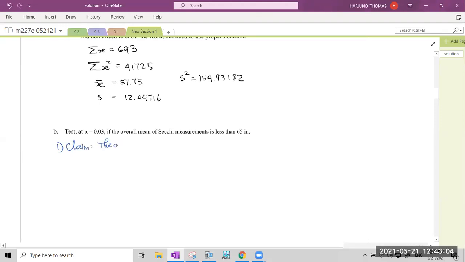The overall mean of Secchi measurements is less than 65 inches.